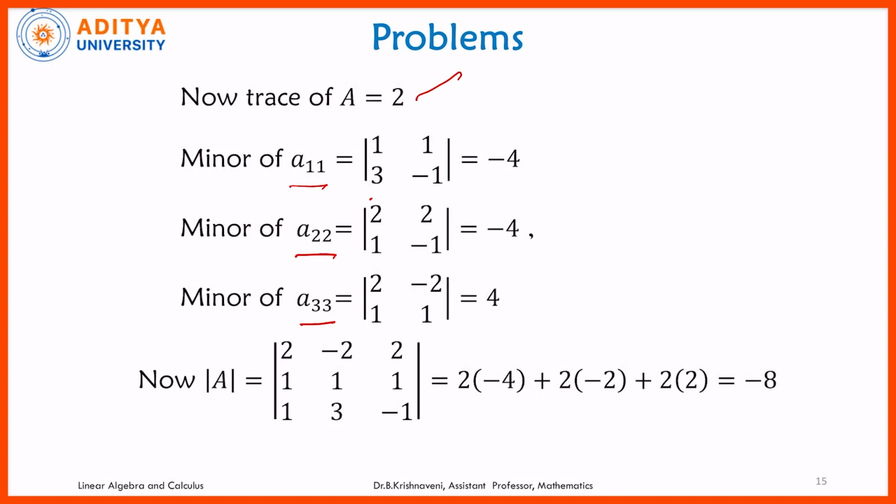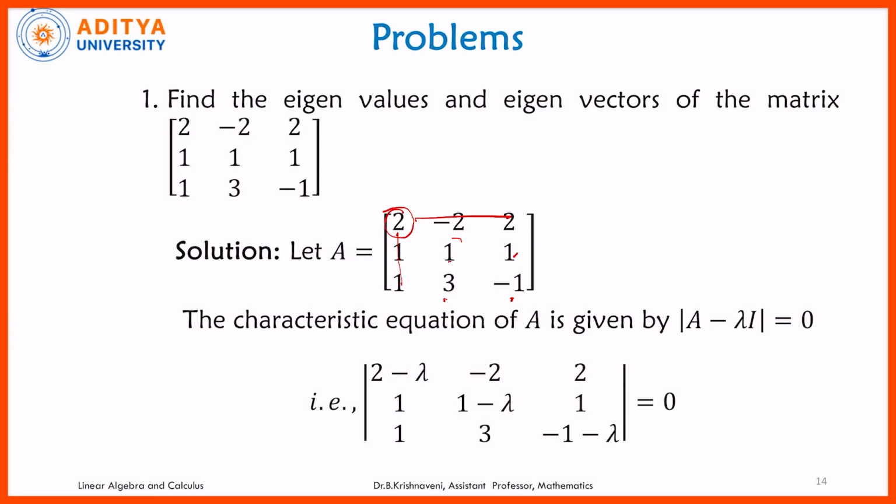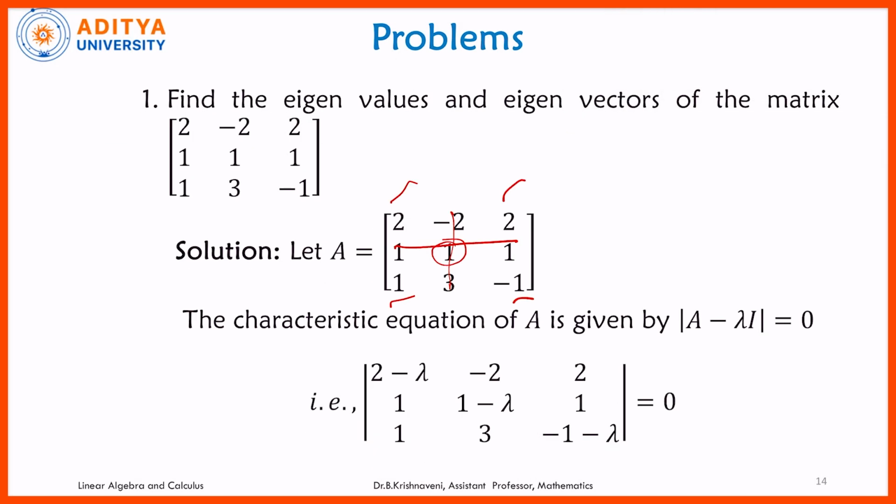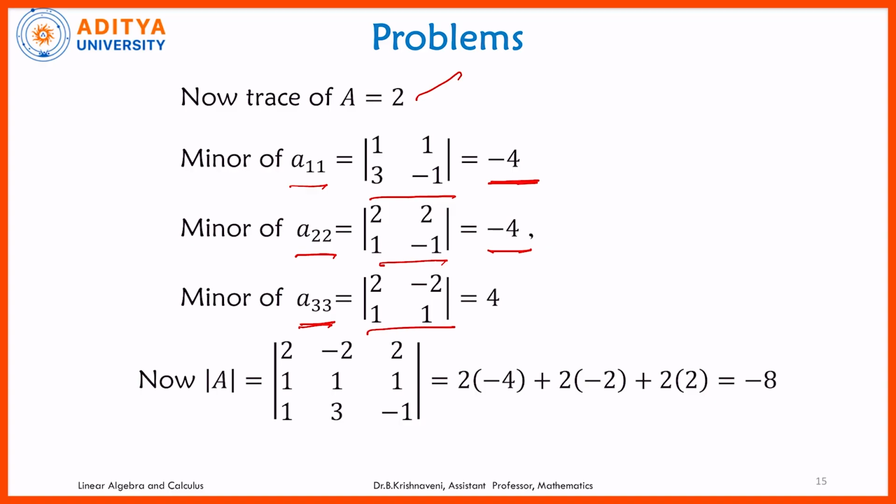The determinant is minus 4. Similarly, for the A22 element, delete this row and column, and the remaining elements 2, 2, 1, minus 1 give a determinant of minus 4. Similarly, the minor of A33, the remaining elements give a determinant equal to 4.